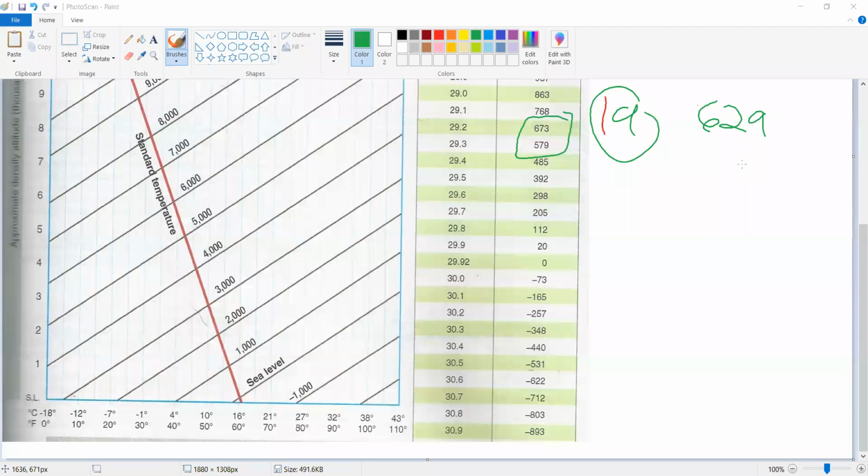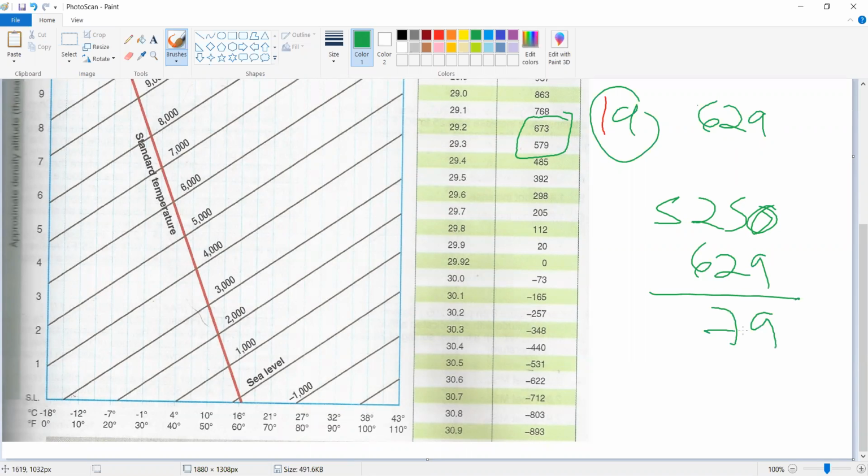So we have to add that number to our 5,250. Okay, so 5,250 plus 629. So we get 5,879. So we need to find that particular pressure altitude, 5,879.